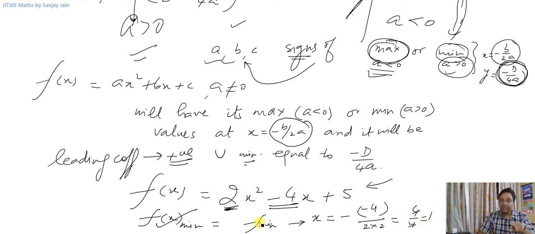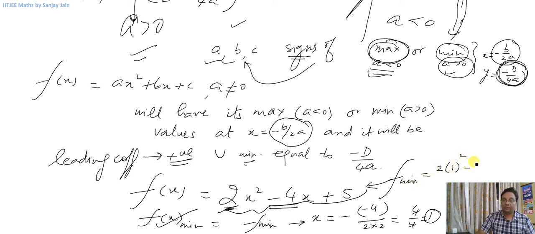Now to obtain the minimum value, whatever it be, it will be at x equal to 1. So I'll simply put x equal to 1 in this quadratic polynomial to get its minimum value. So the minimum value will be 2 into 1 squared minus 4 into 1 plus 5, putting 1 in place of x. So the value will be 2 minus 4 plus 5, that is equal to 5 minus 2, that is 3.